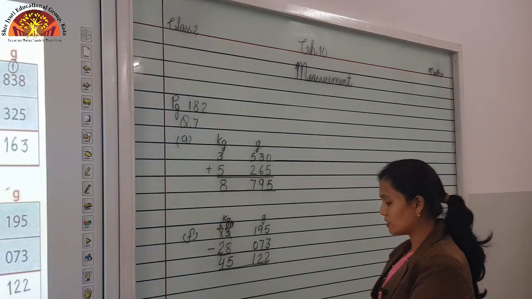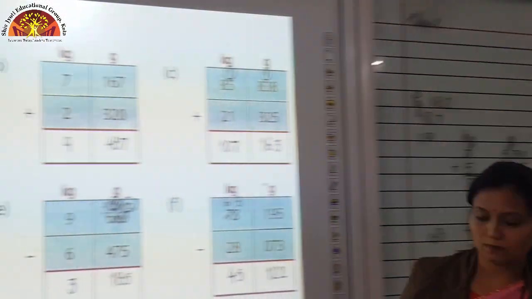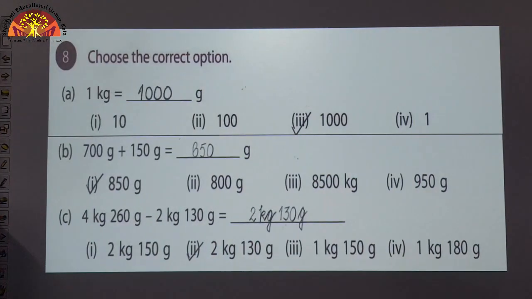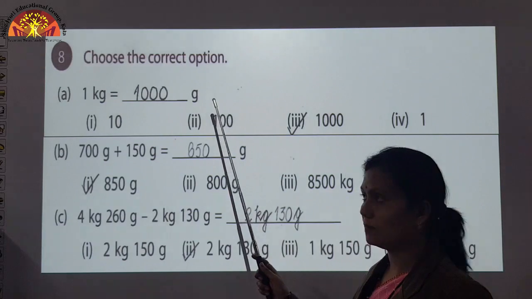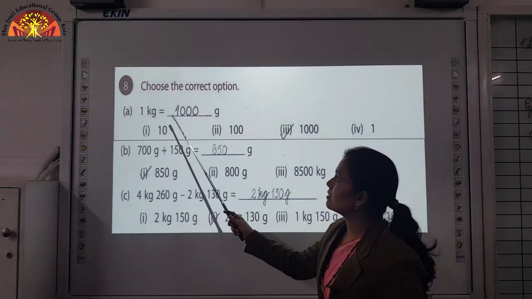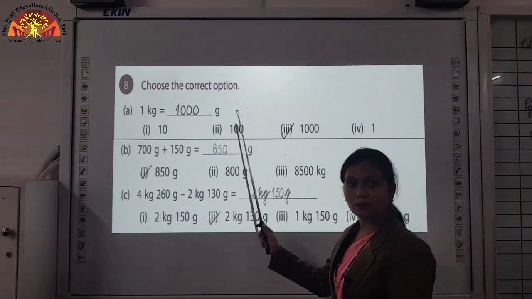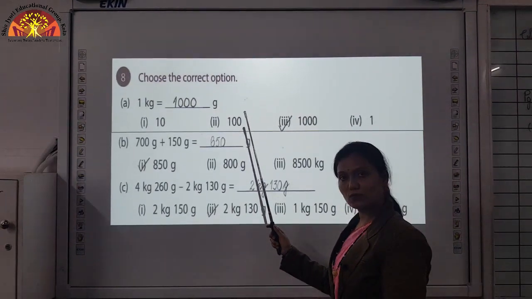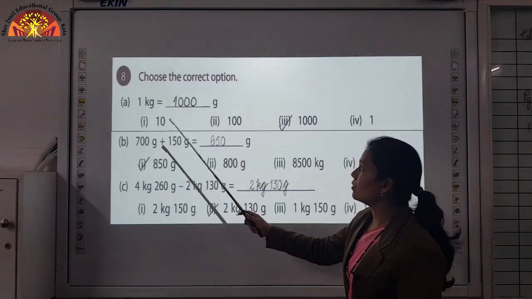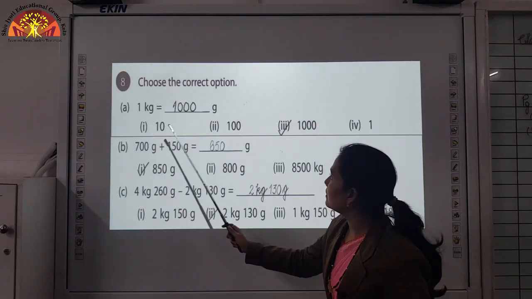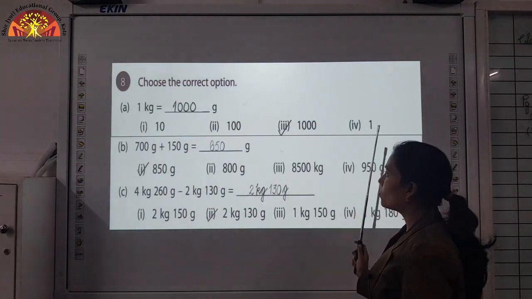Now see question number 8. Our question number 8 is choose the correct option. 1 kg is equals to dash gram. Okay, as we know 1 kg is equals to 1000 gram. So see here 10, 100, 1000, 1.